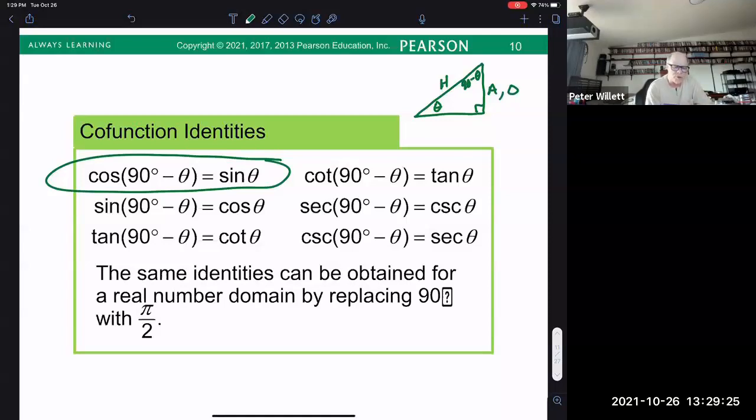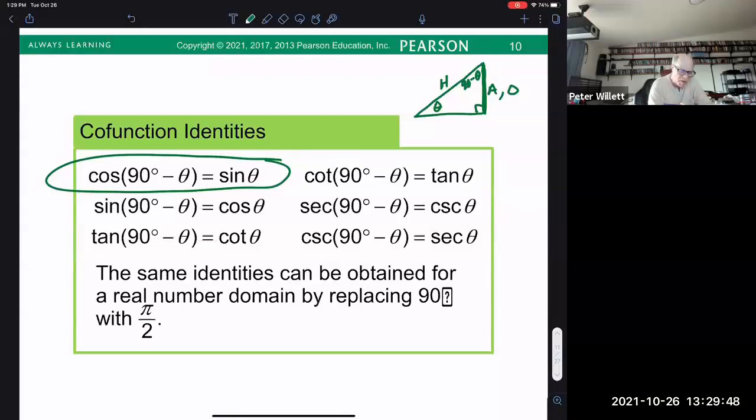Whatever the value of this vertical side is, it's either considered adjacent to the 90 minus theta or opposite to the theta. Either way, you get that side divided by the hypotenuse, so those are equal.